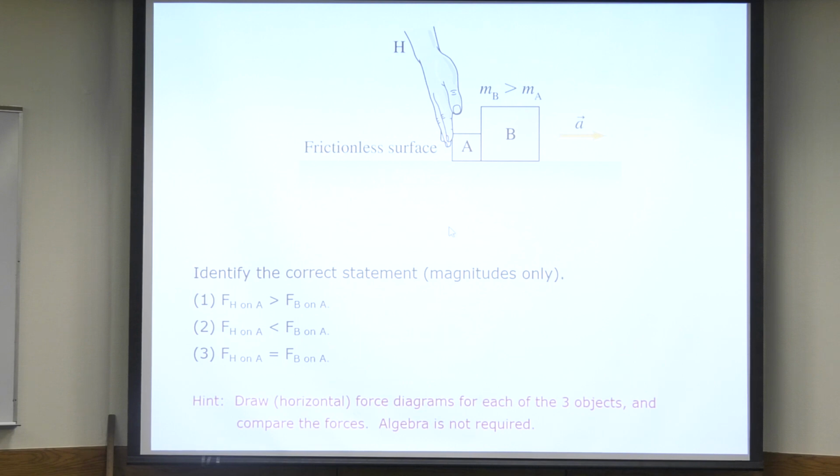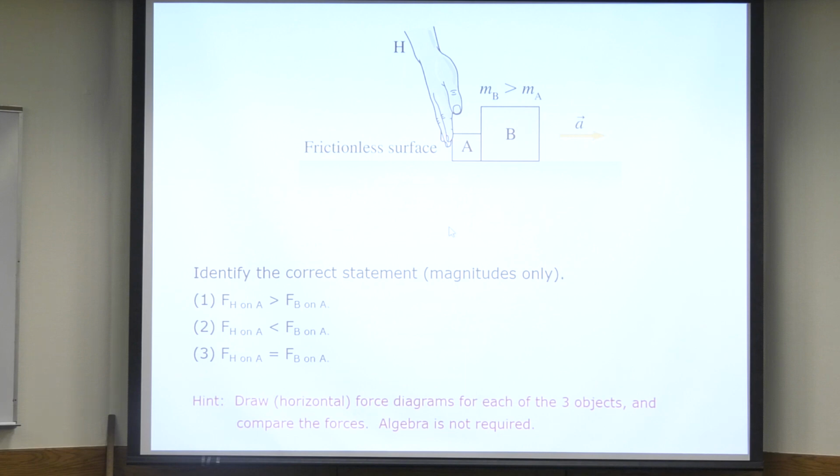So we have the force hand on A, and B is pushing it that way, right? And remember, when I draw the lengths of the forces, I'm not trying to imply that they're equal, I just draw the arrow. So here we have the force B on A. Now notice, the hand is the object. I have hand there. A is the object, A, right?